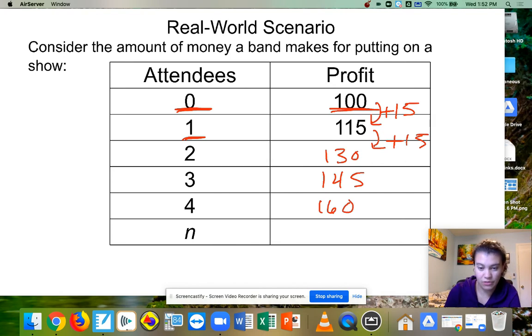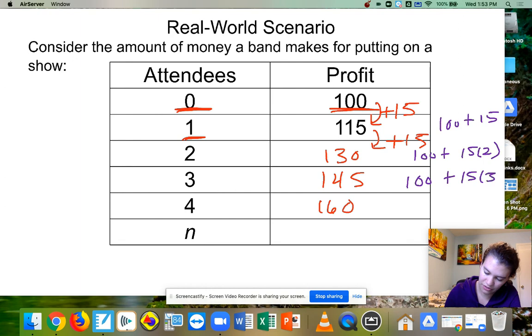But now we want to figure out what happens for n. So if we had like 500 people, how could we figure out their profit? If we think about this again, this was 100 plus 15, right? This next one we had 100 plus 15 twice, so 15 times 2. The next one we had 100 plus 15 times 3. 100 plus 15 times 4.